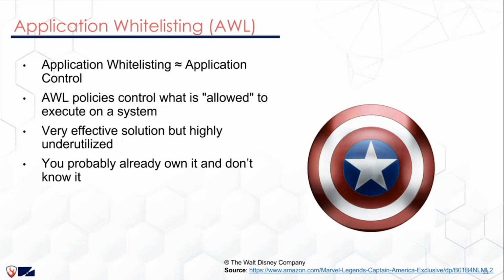Application whitelisting is very underutilized in most organizations. That's primarily because there's a learning curve. Enforcing application whitelisting is not easy. It does take time to implement properly and robustly. The one nice thing about application whitelisting is that the cost to the organization may actually have already been bundled into a security product that you already own.